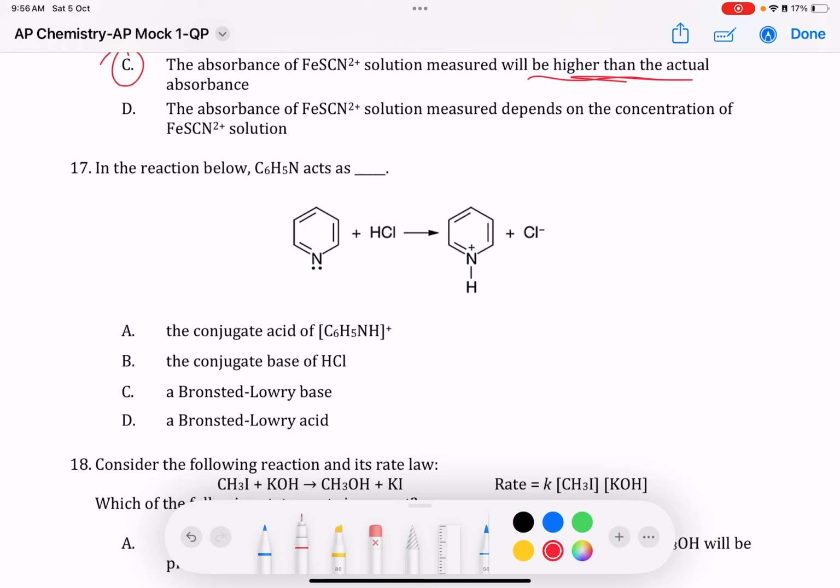Now, in the reaction below, C6H5N acts as. Okay, here we're dealing with acid and base. Definitely not conjugate, because conjugate is what we obtain after acid and base transfer their proton. So it's either a Bronsted-Lowry base or a Bronsted-Lowry acid.